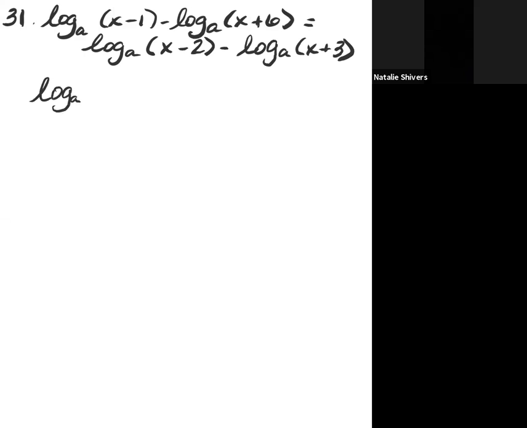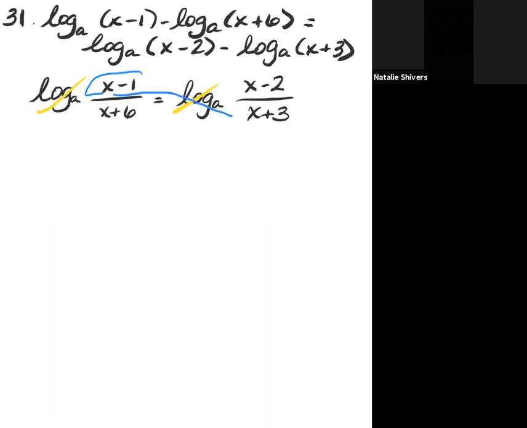So log a of x minus 1 over x plus 6 equals log a of x minus 2 over x plus 3. Now we get to cancel the logs. In order to solve this, we're going to multiply by the common denominator, or you can cross multiply.